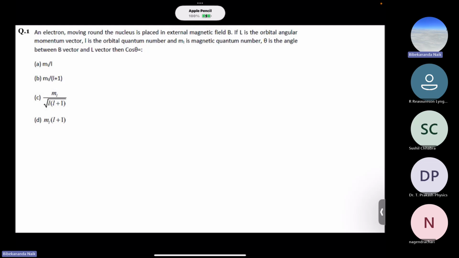Can anyone tell me what will be the correct option? What will be the value of cos theta? Anyone?